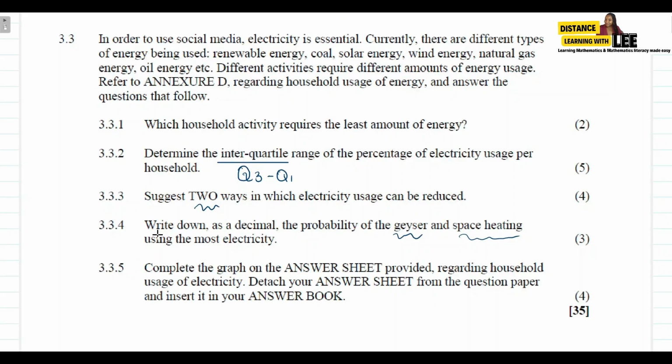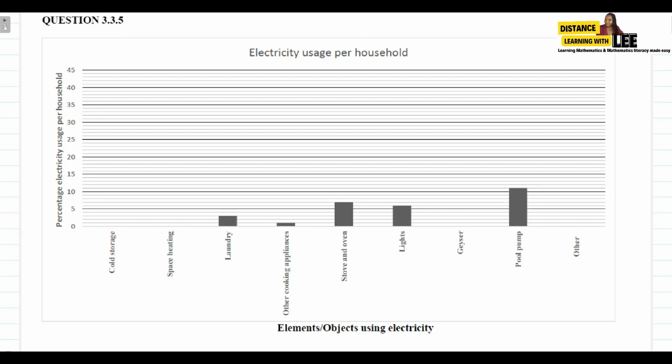And this graph basically represents the usage of electricity in the household. Okay, so we're going to use the information that was given to us from the line graph to complete the information in our answer sheet. Okay, let's just have a look at what's happening here, right? We basically need to complete this information here, right? And we can see how we are basically given a bar graph to complete.